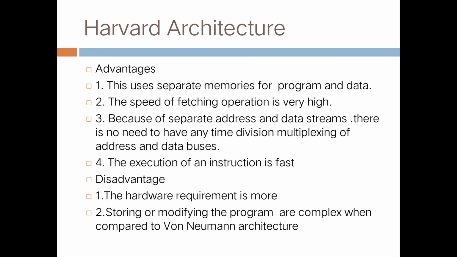Because of separate address and data streams, there is no need for any time division multiplexing of address and data. Execution of instruction is fast. But it has some disadvantages: the hardware requirement is more, and storing or modifying the program is complex when compared to von Neumann architecture.